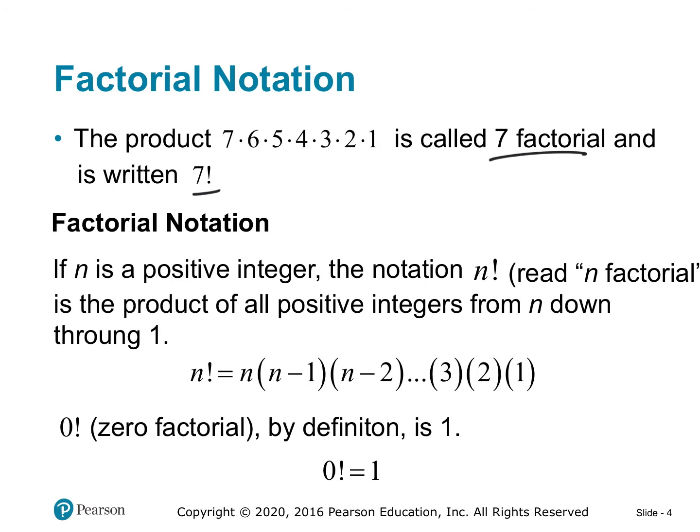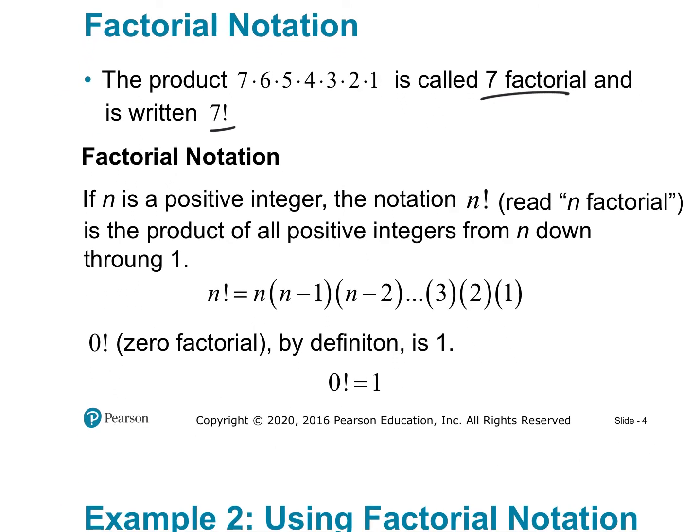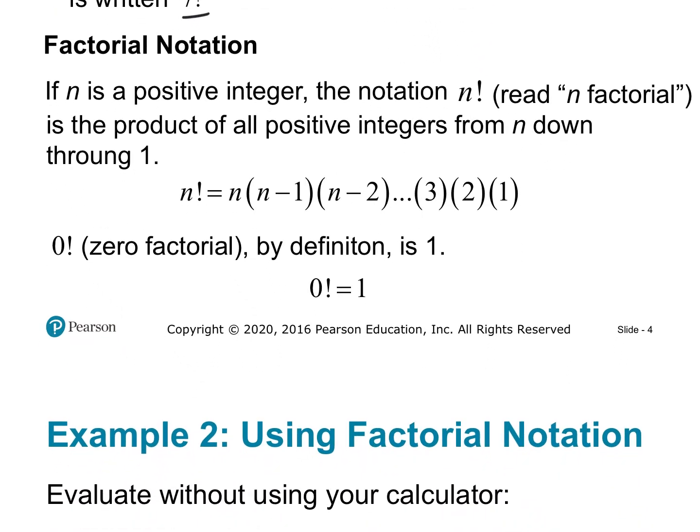It's written as n! equals n times (n minus 1) times (n minus 2) times (n minus 3), all the way down to 1. 0 factorial, by definition, is 1. So if ever you see 0 factorial, it's always a 1.